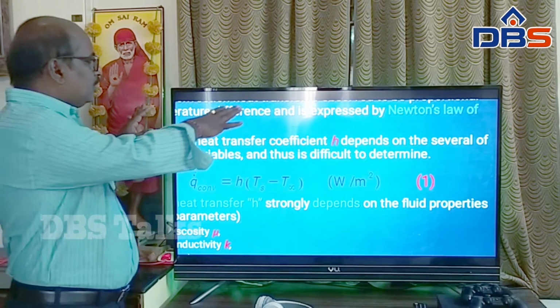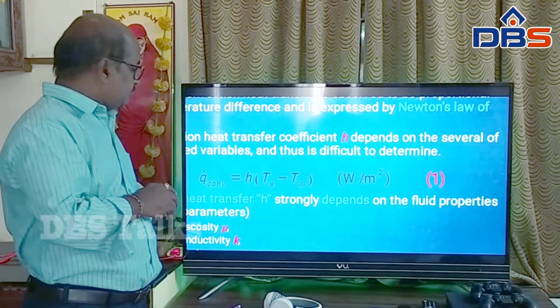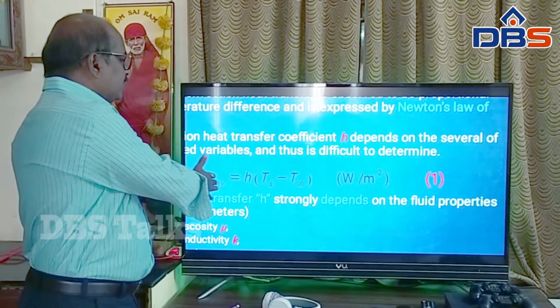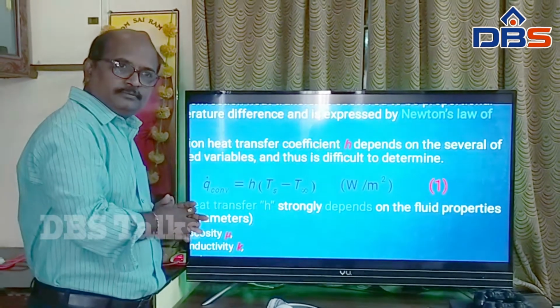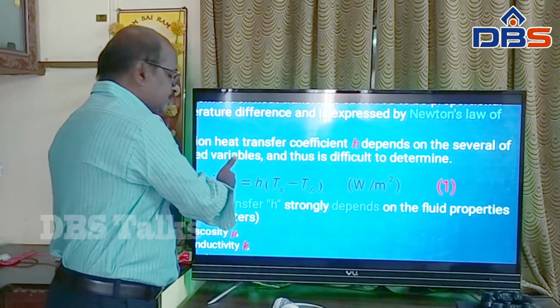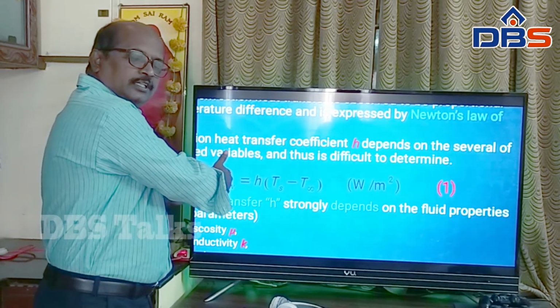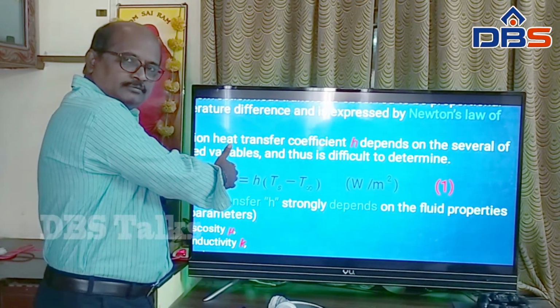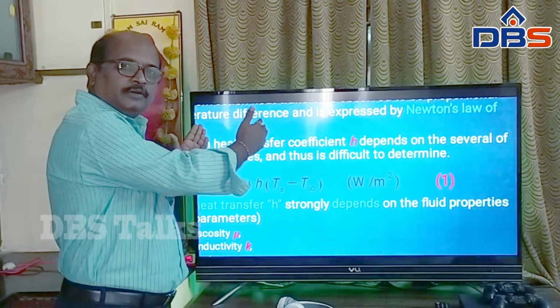Newton's law of cooling tells us that heat flux is directly proportional to the temperature difference. If there is a larger temperature difference, there will be more heat flux, more heat transfer.